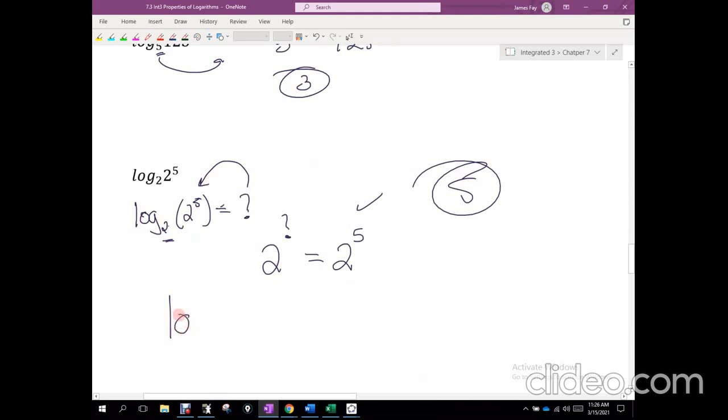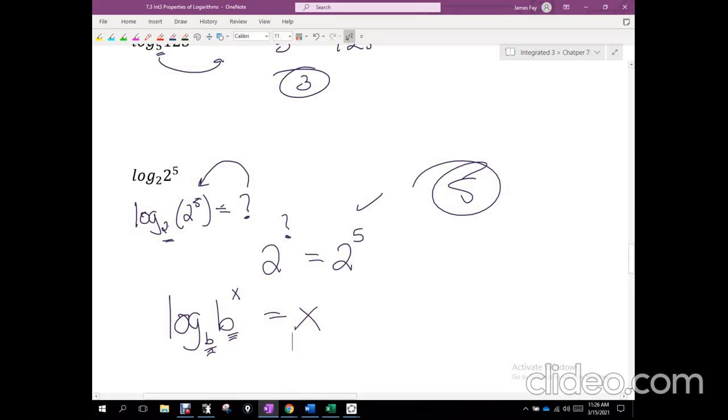If I say log base b of b to the, let's just use x. If I ever have something written that way, log base b of b to the x, if that thing right there and that thing right there are the same, then my answer is always x.